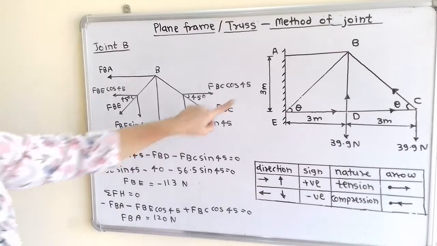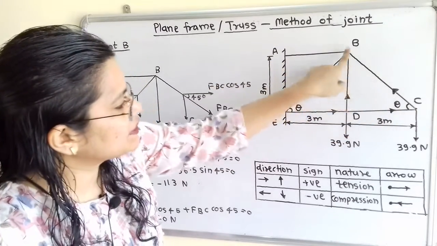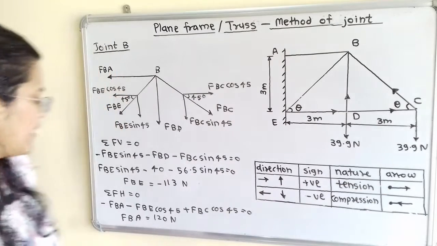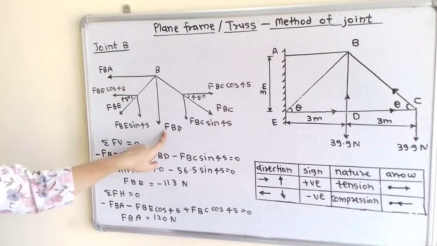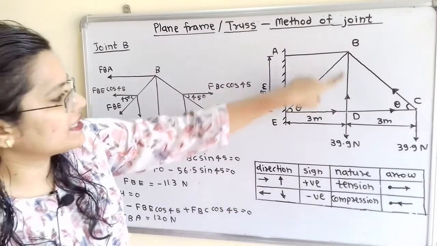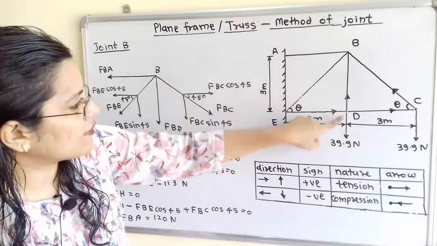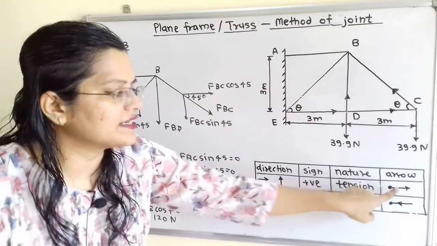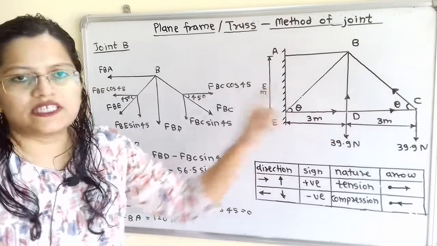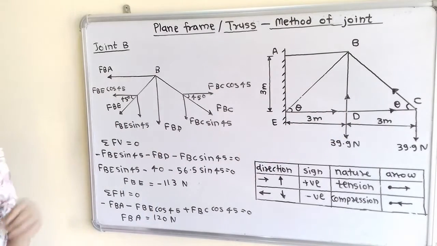Now FBC, that means FCB, and here it is having tension, and then next one is FBD, that means FDB we have calculated, and from this arrow we can say that it is also having tension. Now these two forces are tension, that means positive magnitude as we have calculated earlier.